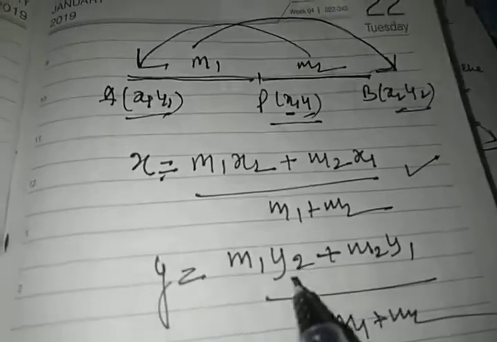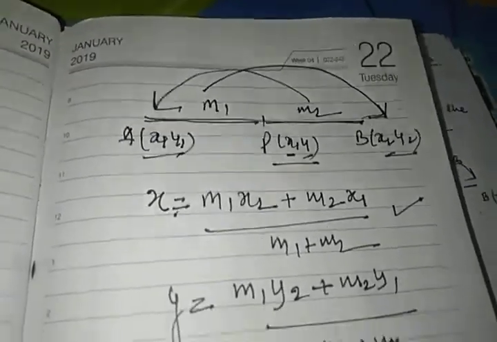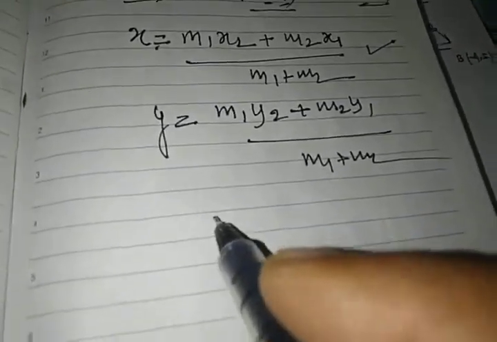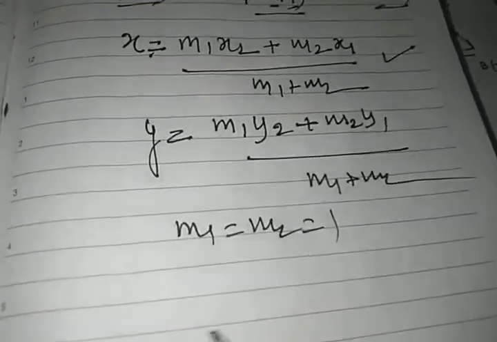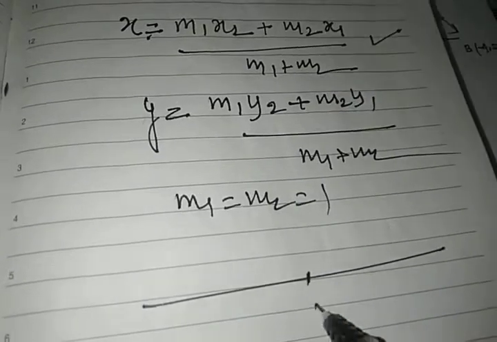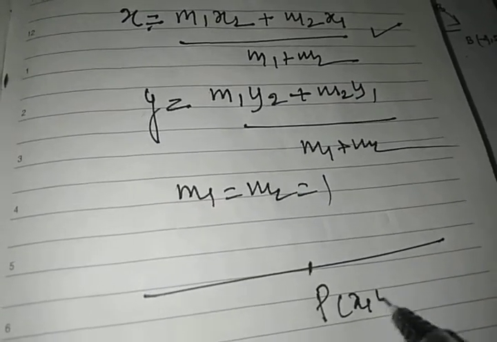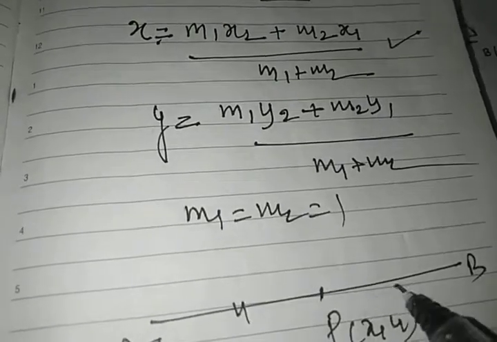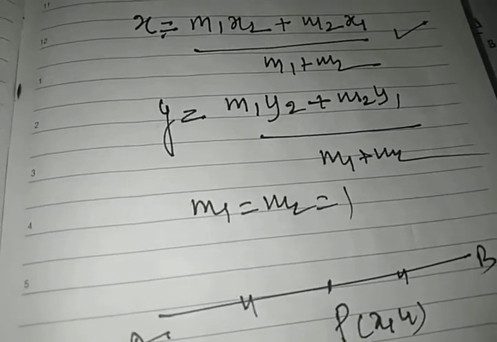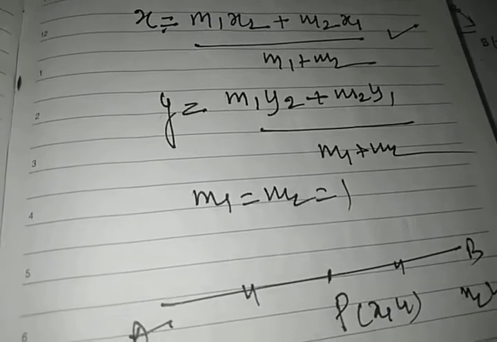From here, the next approach: suppose m1 is equal to m2 is equal to 1, so the ratio is 1 and the point is the middle of x1, y1 and x2, y2.